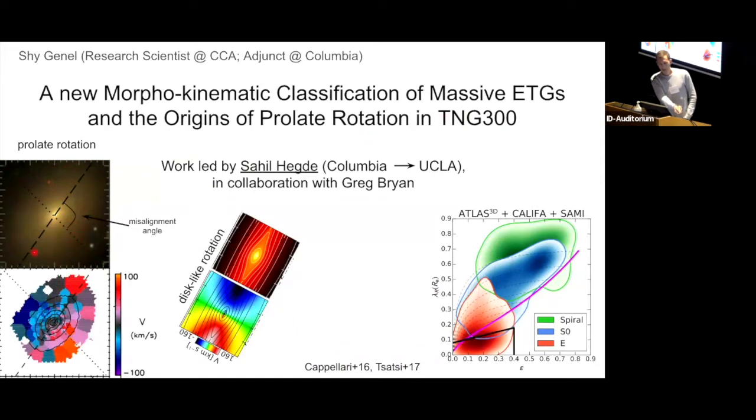It's elongated along this dashed line, but its projected velocity gradient goes perpendicular to that. That's as opposed to what disks look like. Here is an example of a classic disk where the elongation and the velocity gradient are parallel. So this is disk rotation. This means that in the prolate rotator galaxy, the stars are rotating around the major axis.